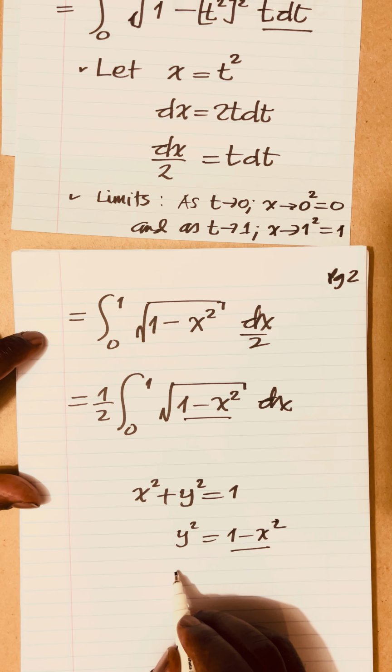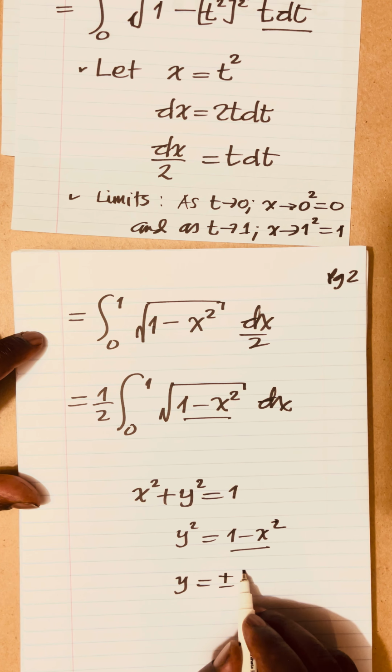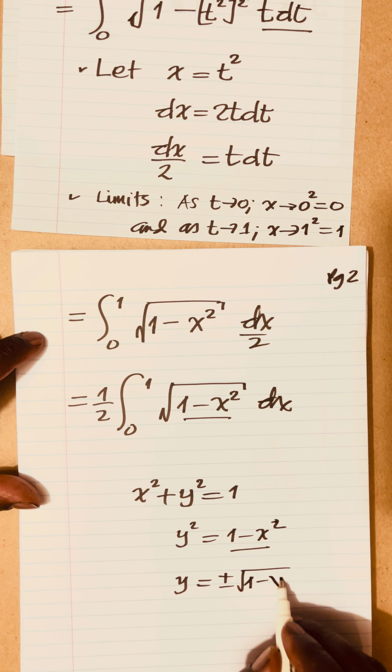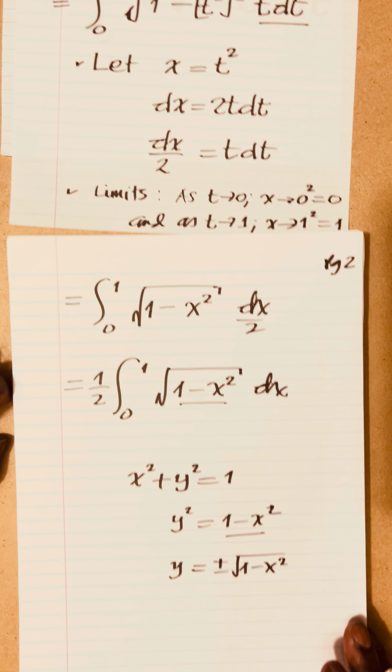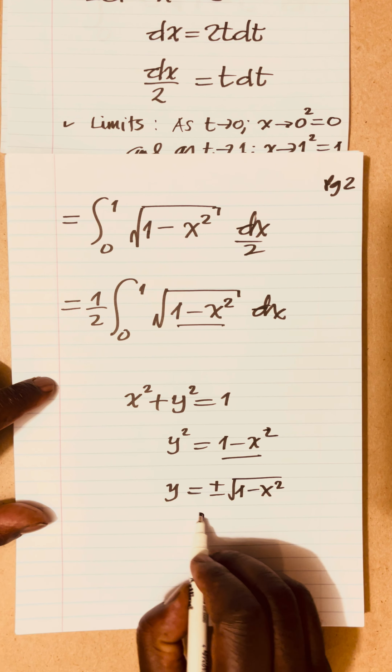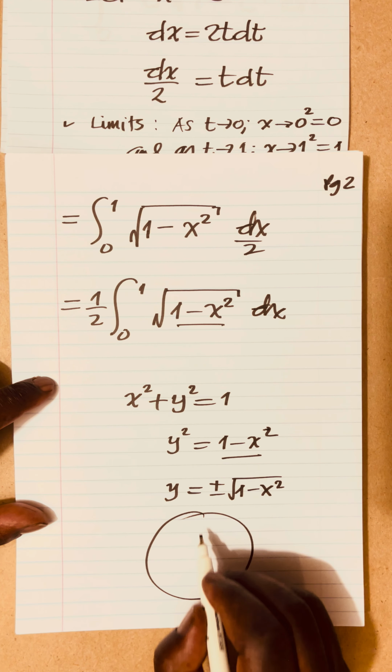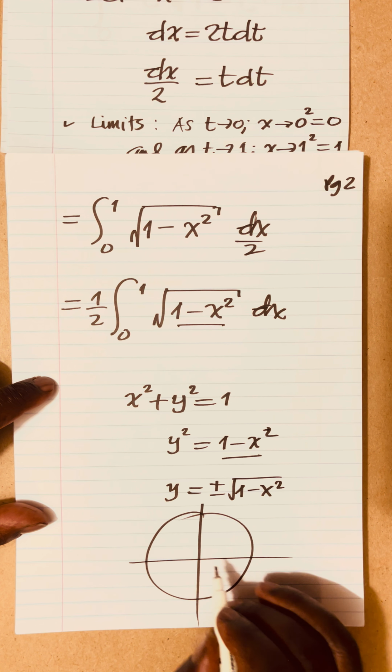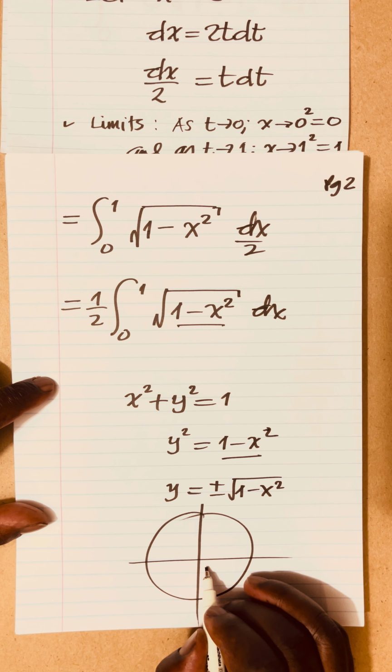And if you take square roots of both sides, you're going to get y equals plus or minus the square root of 1 minus x squared. So now, this tells you that you have a circle of radius 1, center 0, 0. So we have 1 here, there, minus 1, and obviously the center is 0, 0 there. This will be your x-axis, and that will be your y-axis.